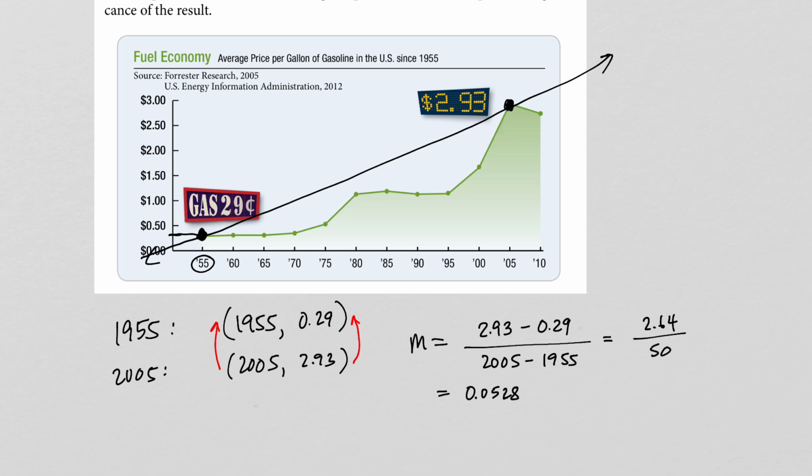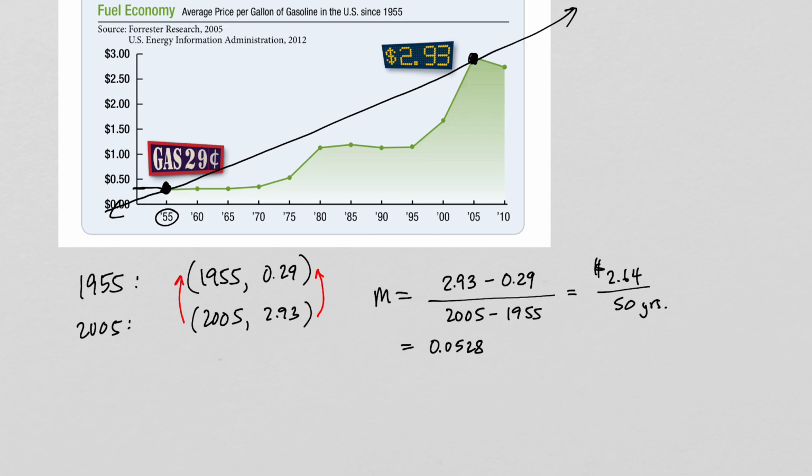Well, remember, in the top here we have dollars, and in the bottom we have years. And so what this means is it's about a 5-cent increase per year, right? So the slope of this line represents how fast the price of gas is changing per year. Okay, so it's about 5 cents per year.